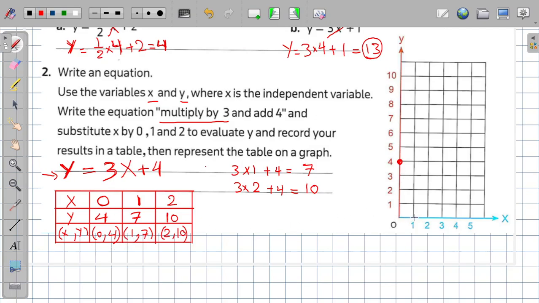So I will go to 1 and I will go up to 7. So I will stop here. Next, I have 2 and 10. So I will go right to 2 and go up to 10. So I will stop here. Then I will connect them with one line like this. Okay, so this is my graph for the equation y equals 3x plus 4.